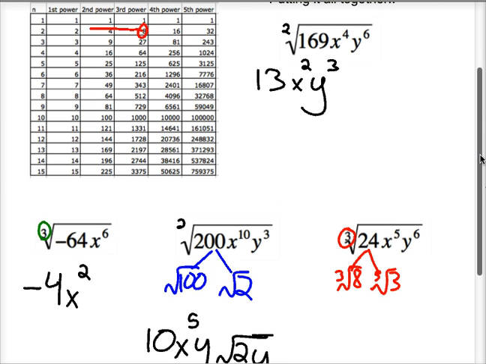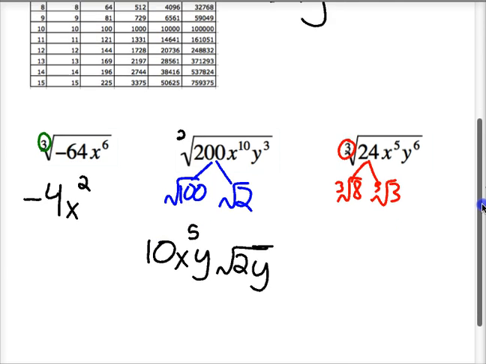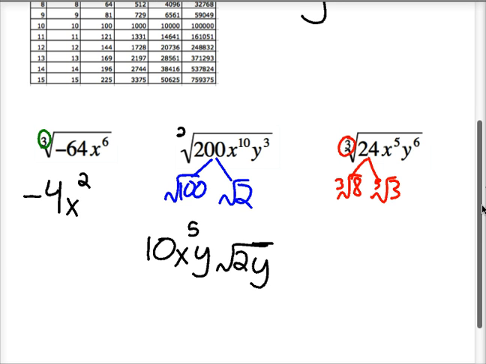Well, that 8 becomes 2. So that's why I pulled that 8 out, because that 8 is going to become a 2 outside, and then the 3 is kind of stuck inside. It can't leave.